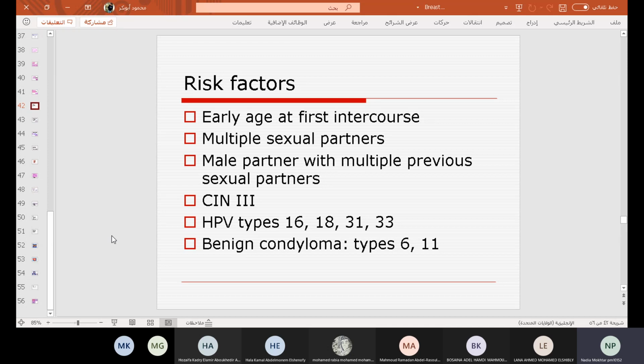All these are risk factors and can be preventable. We can prevent the occurrence of cervical cancer at such a stage.